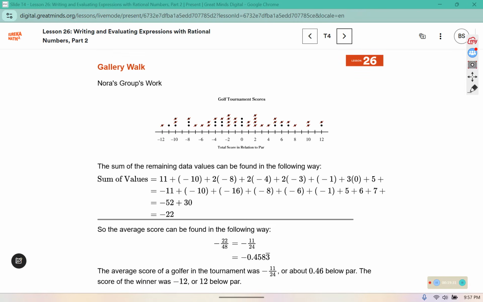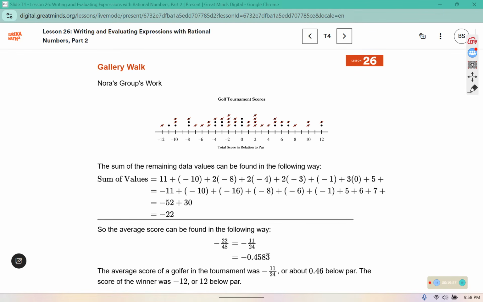So here is another problem for 5 where it shows Nora's group work. It says the sum of the remaining data values can be found the following way. Negative 11 plus negative 10, plus 2 negative 8s, plus 2 negative 4s, plus 2 negative 3s, and so on.